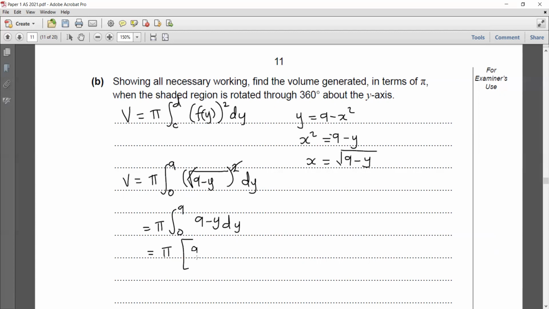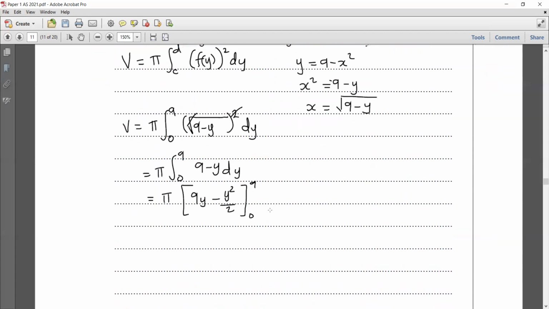Integral of 9, this is just 9y. This was y to the power of 0, so I have 0 plus 1 divided by 1. And then here I have 1, so I have 1 plus 1, so this is y squared over 2. And again, because this is a definite integral, you don't need to put a constant of integration. When you substitute the 0 and the 9, the constant of integration always disappears.